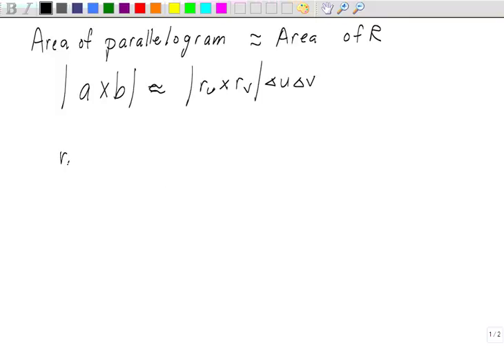And r_u cross r_v is the determinant of this, because r is a function of x and y.